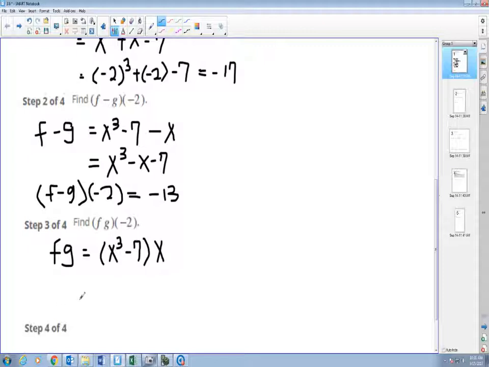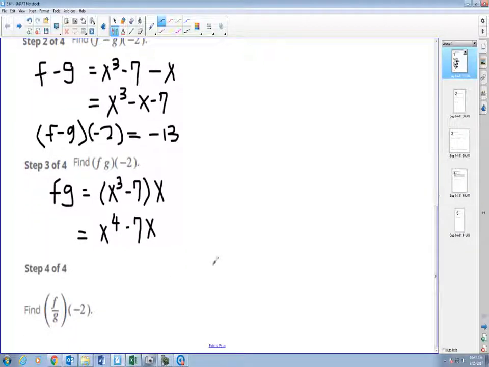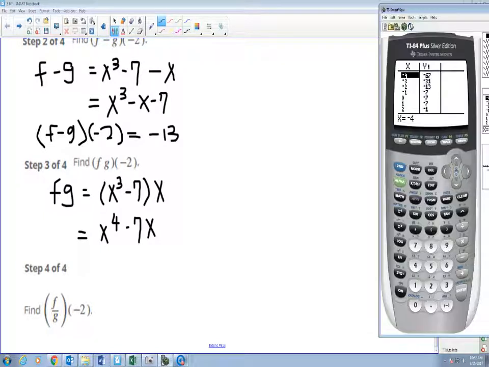If I do a distribution, I will end up with x to the fourth power minus 7x. So now I have a quartic function. X to the 4 is a polynomial function with an even exponent, as you know from previous lecture videos. That gives an idea it might be like a U shape.